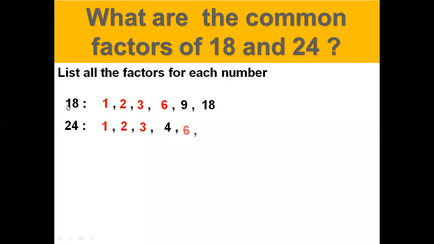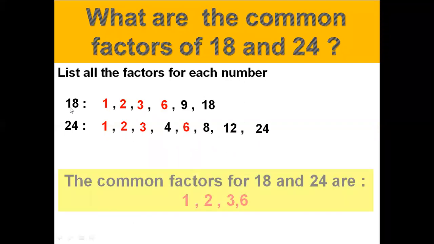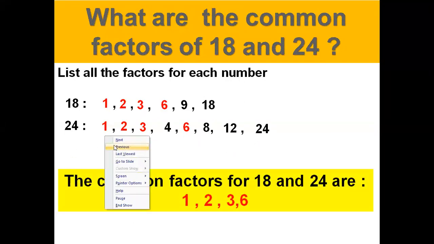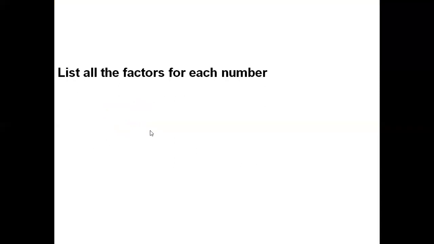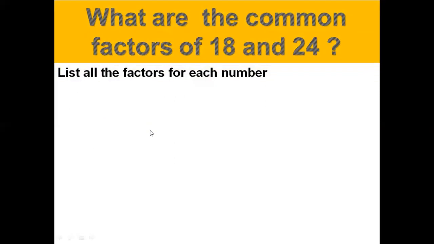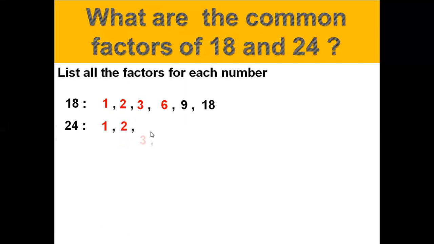Okay, let's check all the factors of 24. 1 times 24, 2 times 12, 3 times 8, and 4 times 6 gives me 24.